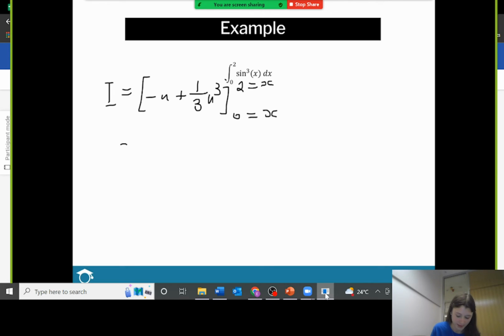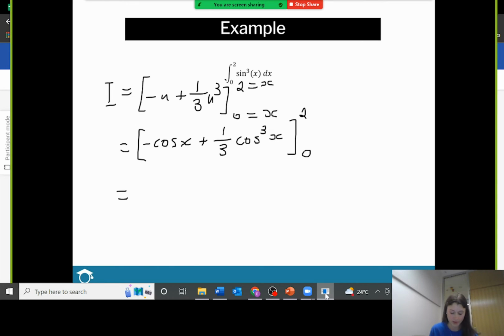And then convert this back into x. So we're going to substitute u equals cos x again. So we're going to have negative cos x plus a third cos cubed x from 2 to 0.